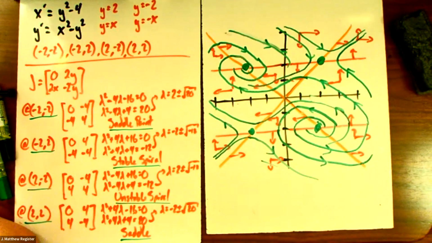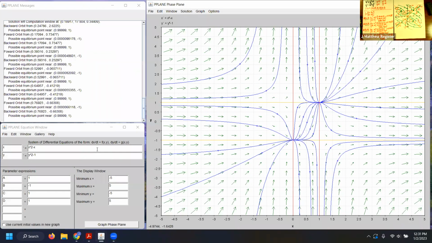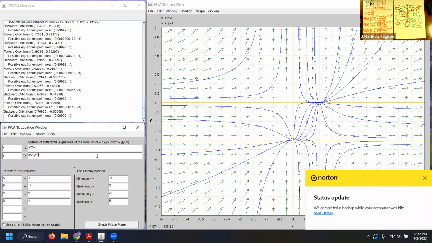Let's see what this one would actually look like using pplane. And so using pplane, the equation was y squared minus 4 and x squared minus y squared.